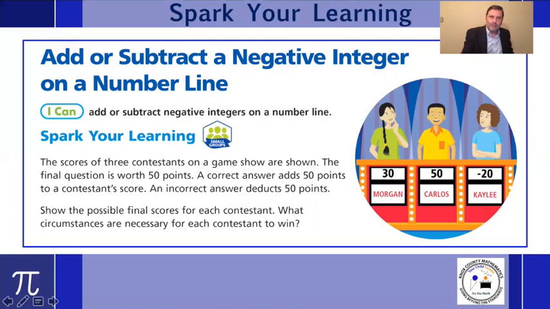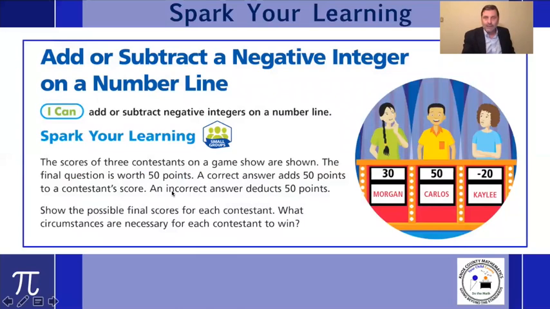This task, under Spark Your Learning, has the scores of 3 contestants on a game show shown. Morgan has 30 points, Carlos has 50 points, and Kaylee must be doing badly because she's at negative 20. Must have missed a lot. The final question is worth 50 points. A correct answer adds 50 points to a contestant's score.